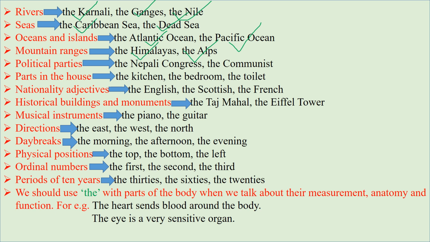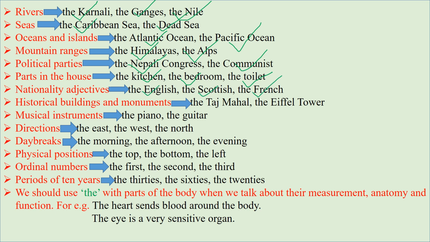Names of political parties: the Nepali Congress, the Communist Party. Parts of the house: the kitchen, the bedroom, the toilet. Nationality adjectives: the English, the Scottish, the French.